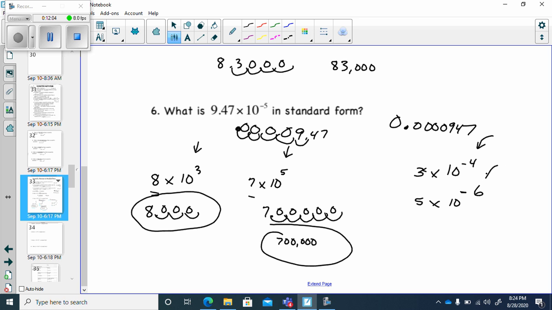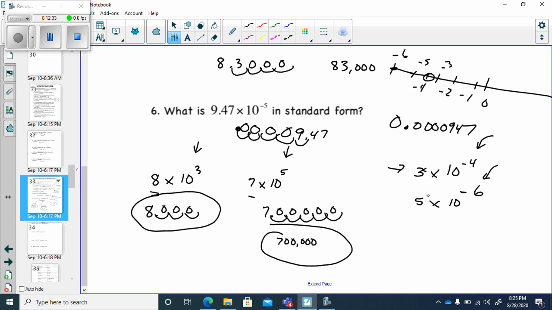Which exponent is bigger? If you're looking at a number line, 0, -1, -2, -3, -4, -5, -6. Look, -4 is actually farther up the number line than -6. So -4 is a bigger number. This should be my biggest number.